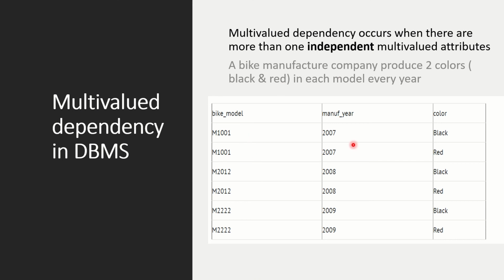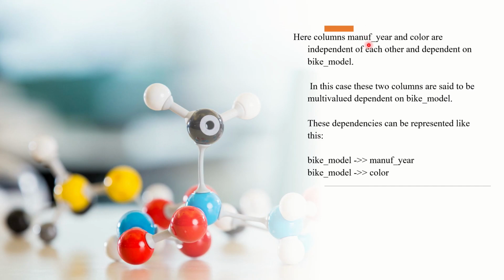So as I already said, the manufacturer year depends on the model, and color also depends on the bike model. So in this case, these two columns, that is the manufacturing year and the color, are said to be multi-value dependent on the bike model.